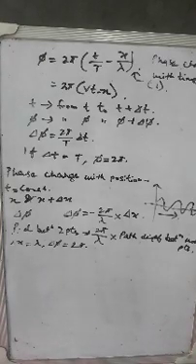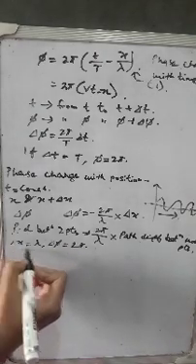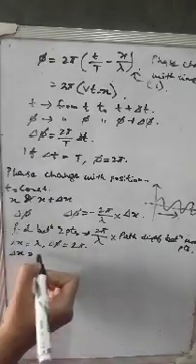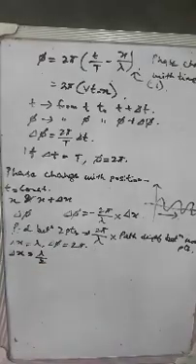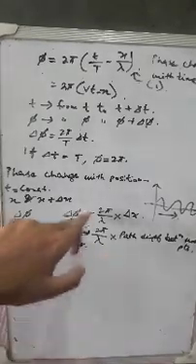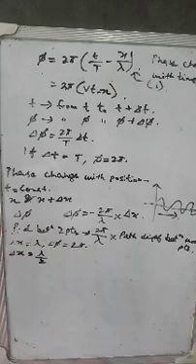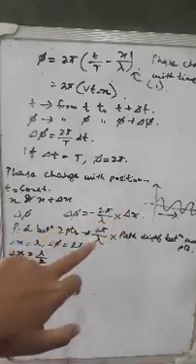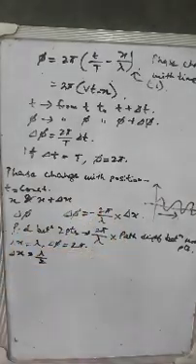Now, if you assume your del x as lambda by 2, what will be the value of the phase change? Put it in this formula, ignoring the sign. Lambda will get cancelled, and 2 will also get cancelled, so you will be left with only pi.